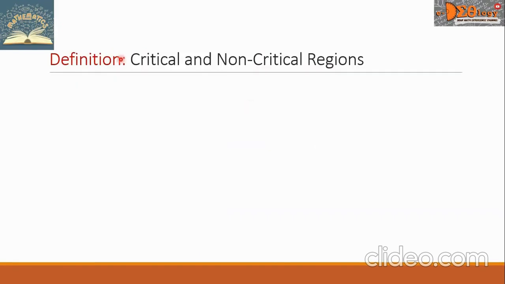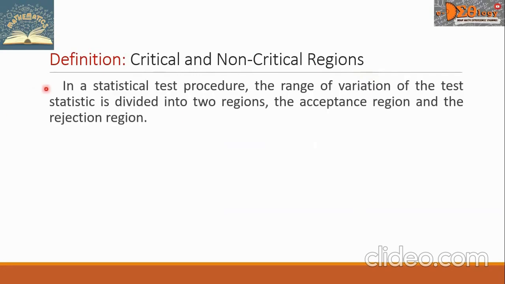Let us begin with the definition of critical and non-critical regions. In a statistical test procedure, the range of variation of the test statistic is divided into two regions, the acceptance region and the rejection region.